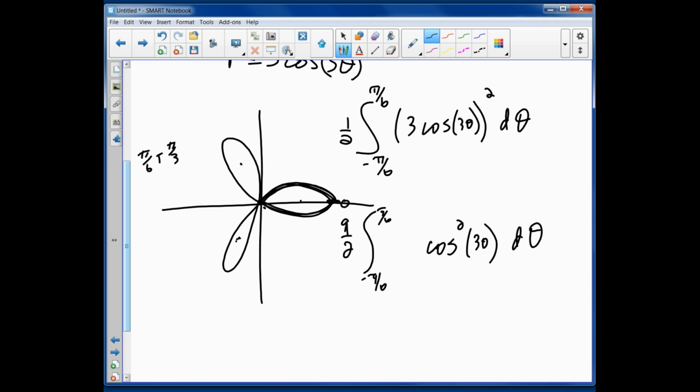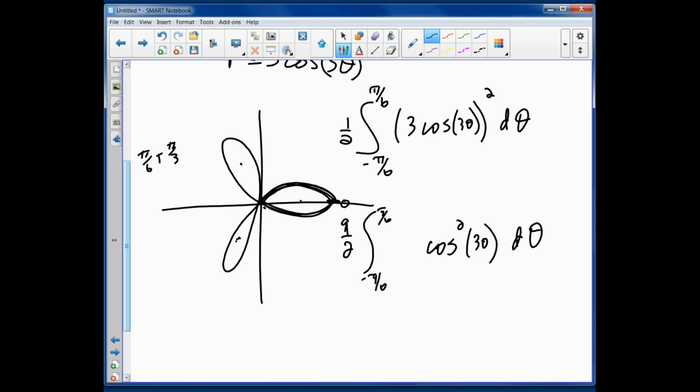That is the power reducing formula: 1 plus cosine 2u over 2. Okay, that's what they're doing. They use the double angle formula here for cosine.